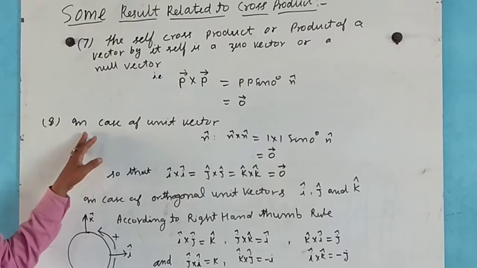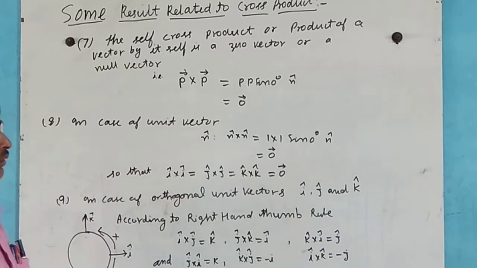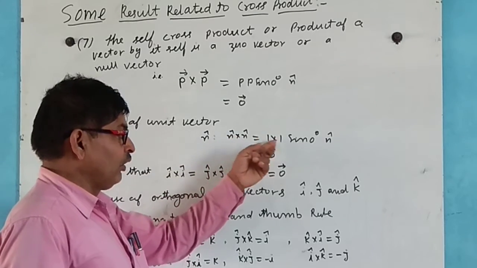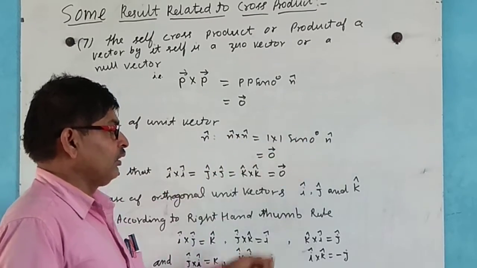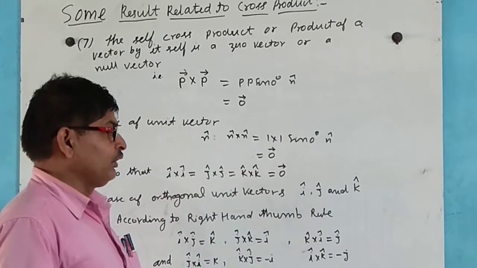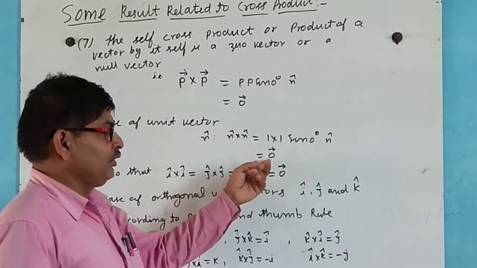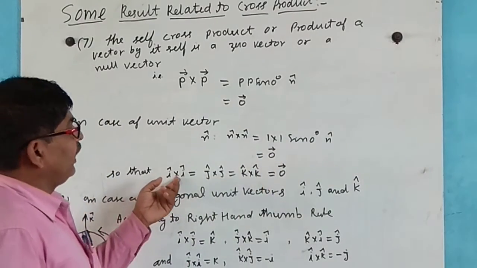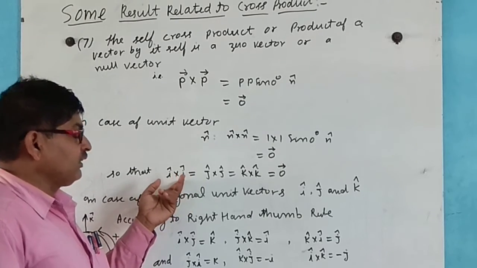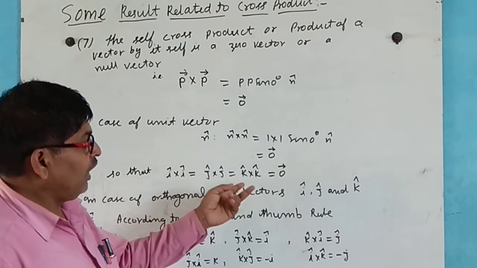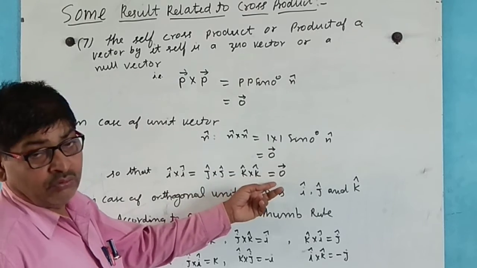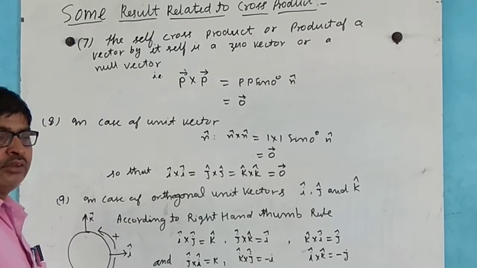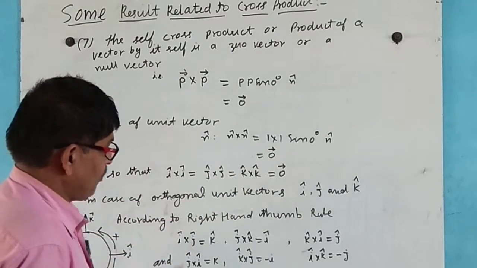Now in the case of a unit vector, n cross n, the magnitude is 1 and 1, sin 0 degree is 0, so it is a null vector. So i cross i, j cross j or k cross k equals the 0 vector, because sin 0 equals 0.